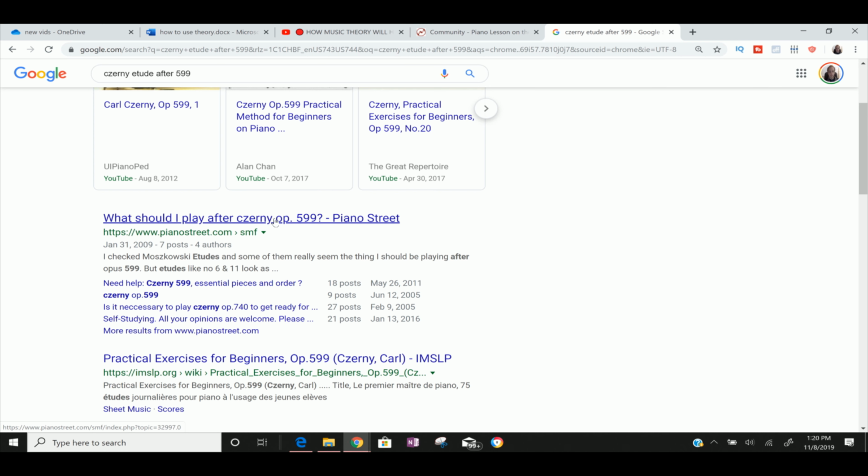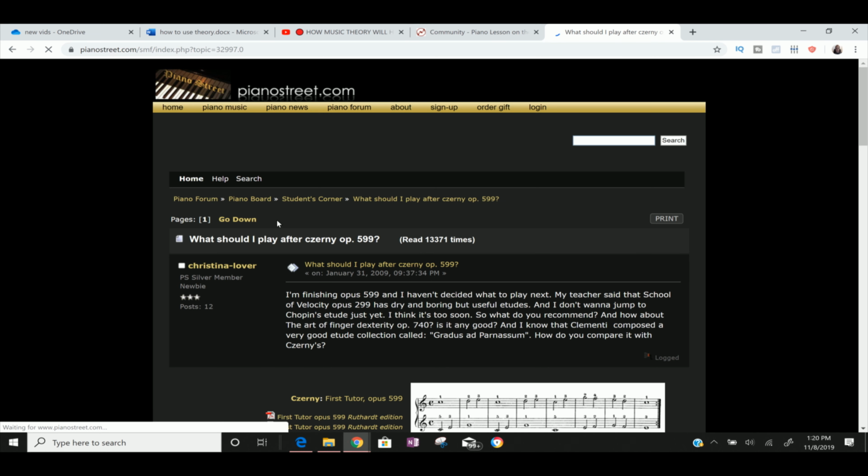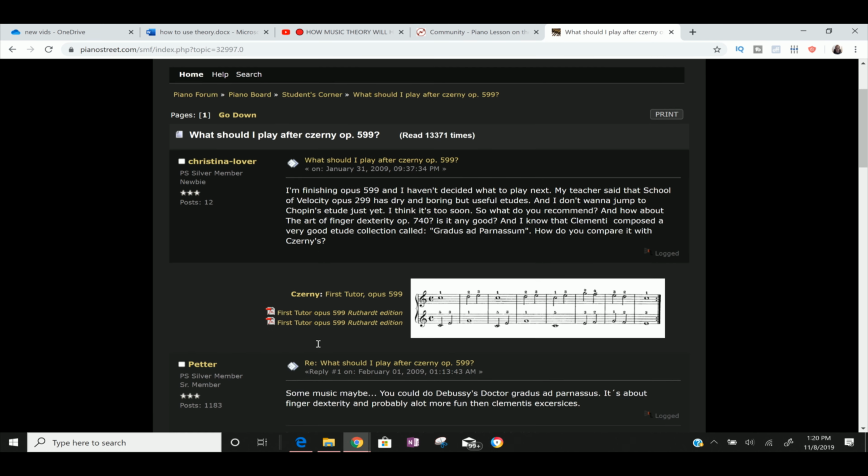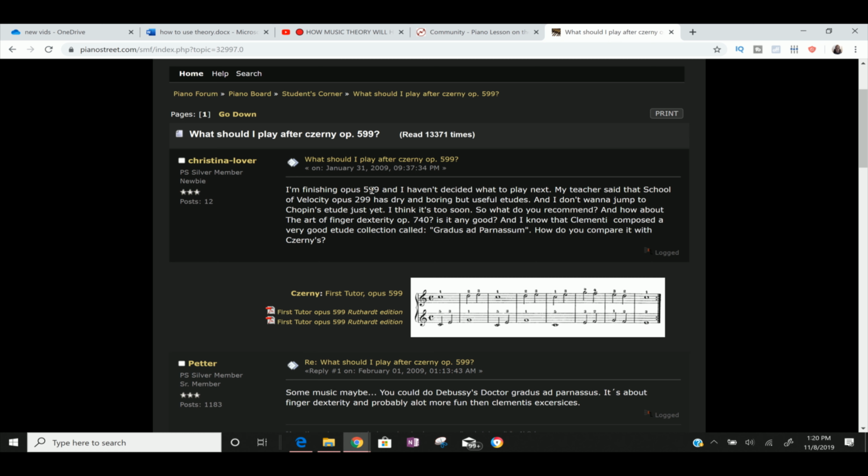Because I thought there were more of them, but that must be the last one. I'm finishing Opus 599 and haven't decided what to play next. My teacher said that School of Velocity Opus 299 has dry and boring but useful etudes. That is true. And I don't want to jump into Chopin's etudes just yet. I think it's too soon. So what do you recommend?